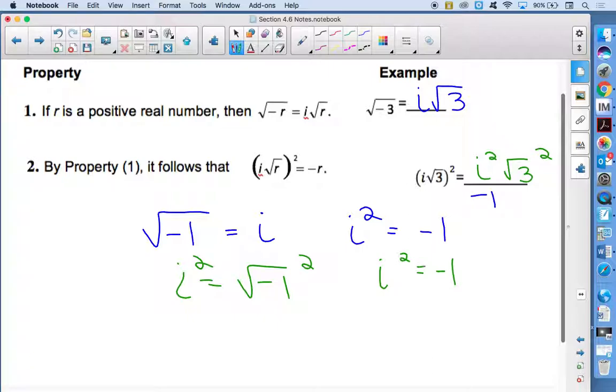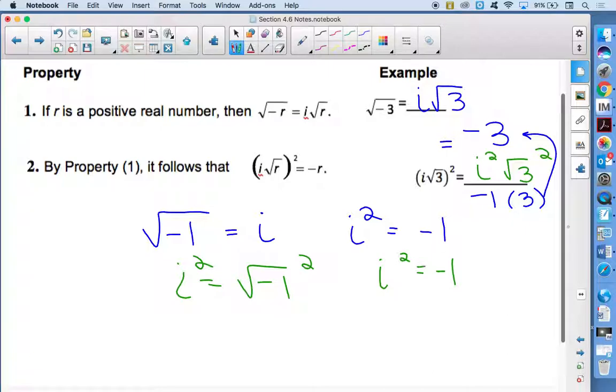Negative 1. And then the square root of 3 squared is just 3. So really that makes negative 3. If you're squaring a whole quantity, you're squaring the imaginary part, so that makes it i squared, and you're squaring the square root of 3 part, which is 3. Since i squared is negative 1, that's how we get negative 3.